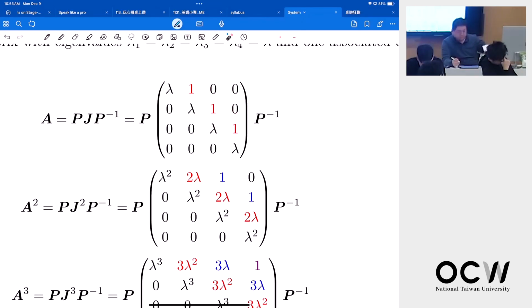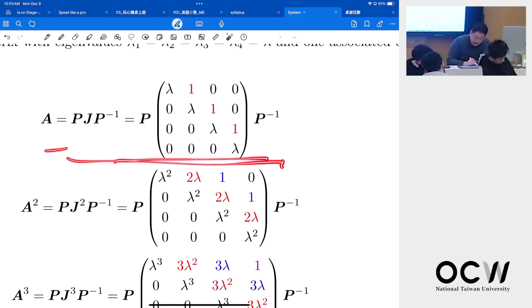Now my goal is to find the exponential matrix. How do I find e to the At? My matrix A can be written as here. How about A squared?